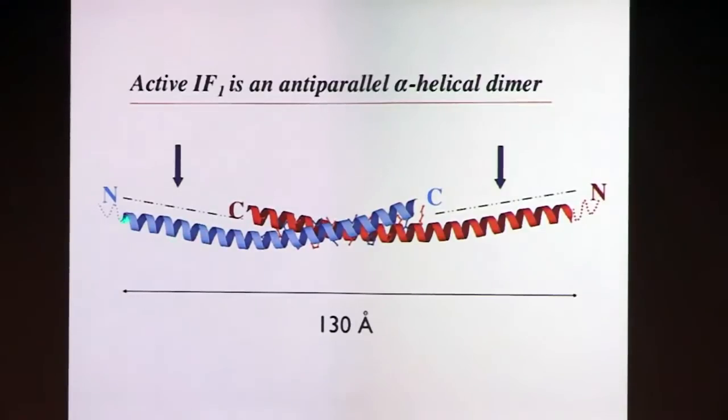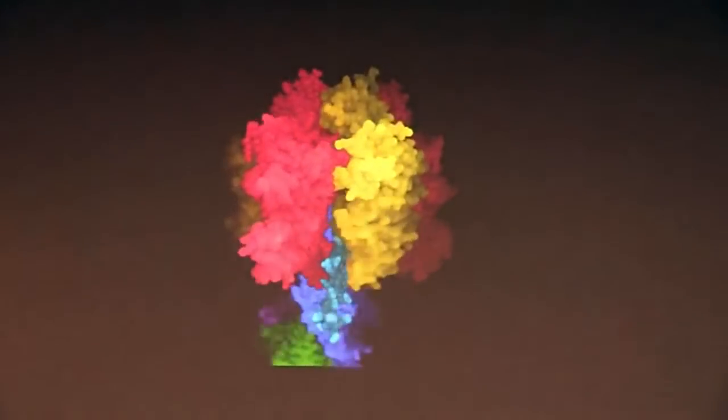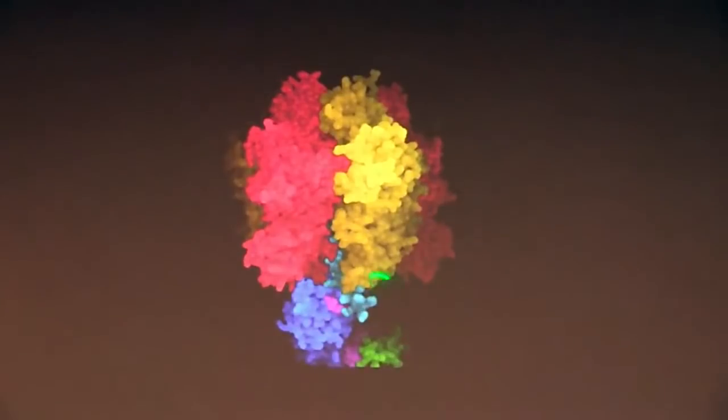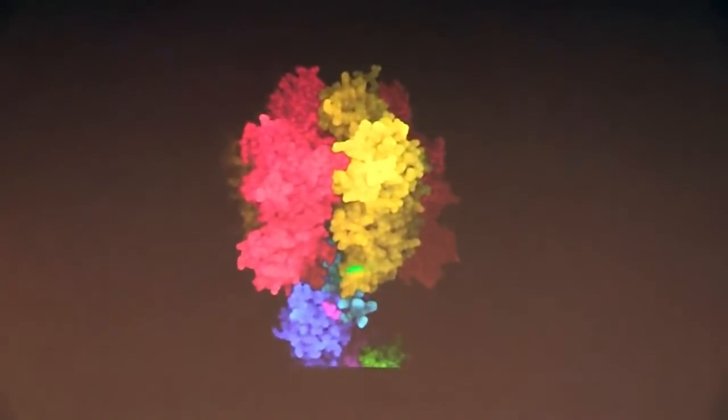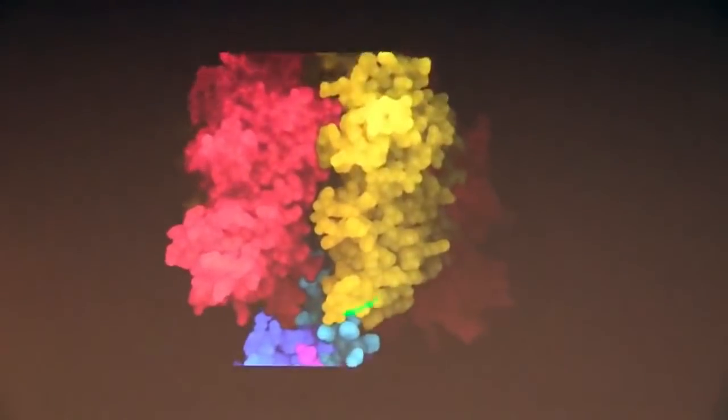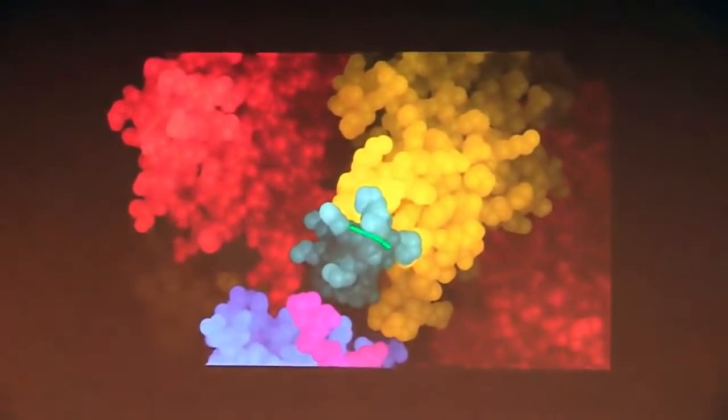The inhibitory part is at the N-terminal end, and you can actually dispense in the laboratory with this part here, and the remaining part of it is still a very effective inhibitor protein and easier to study from a structural point of view. And this is the way it works. It goes into a catalytic interface and stops the enzyme dead, rather like putting a stick into a bicycle wheel.